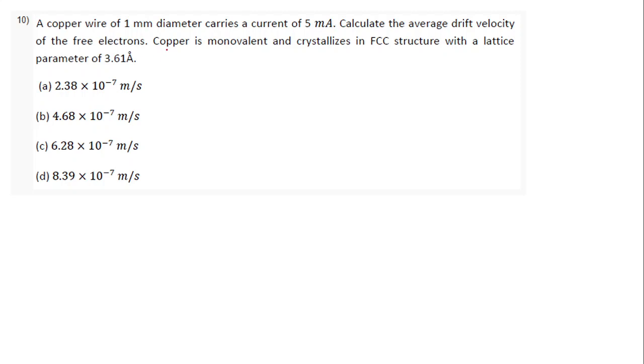So we have a copper wire of diameter 1 millimeter and a current of 5 milliampere flowing through it. Calculate the average drift velocity of free electrons.